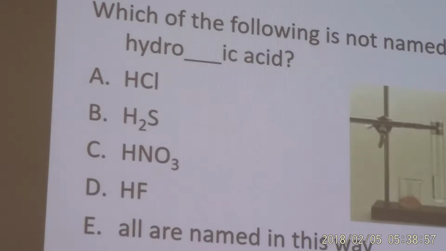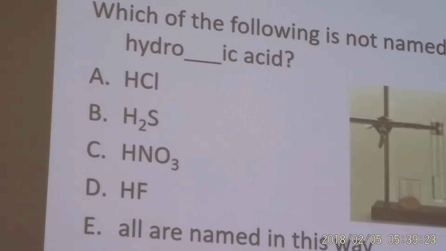Nitrous acid or nitric acid? How do you know? All right, NO3, we look at the polyatomic ions. What's the name of the NO3 ion? Nitrate. -ate goes to -ic. Nitric acid.